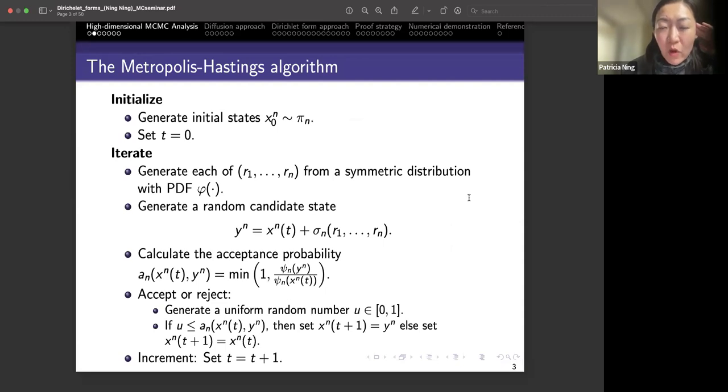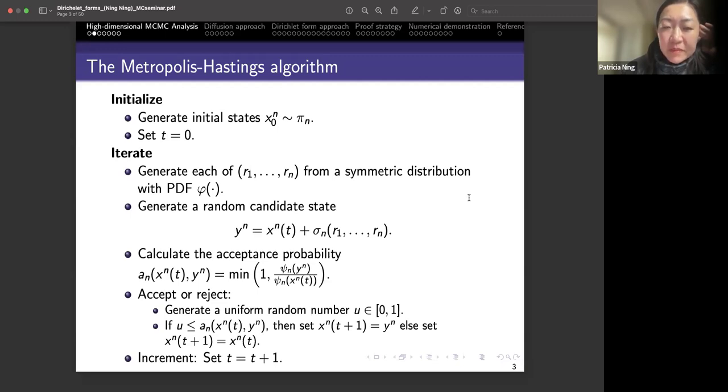So let's first warm up on what the Metropolis-Hastings algorithm is. Initially, we generate the initial state x_{0,n}, where n is the index for dimension, according to pi_n, the n-dimensional target distribution, and we set t equals 0.